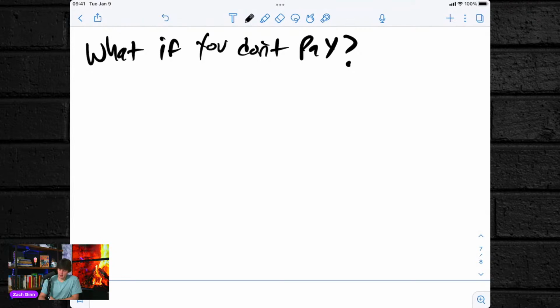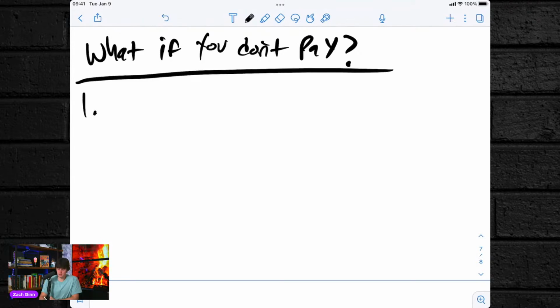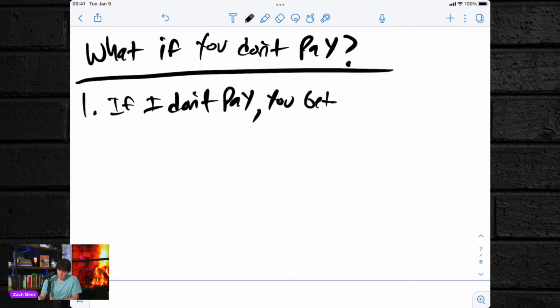Pretty simple, right? You can explain it a bunch of ways, but if I don't pay, basically you can have a clause in your subject to where if I don't pay, you get back the deed, right?